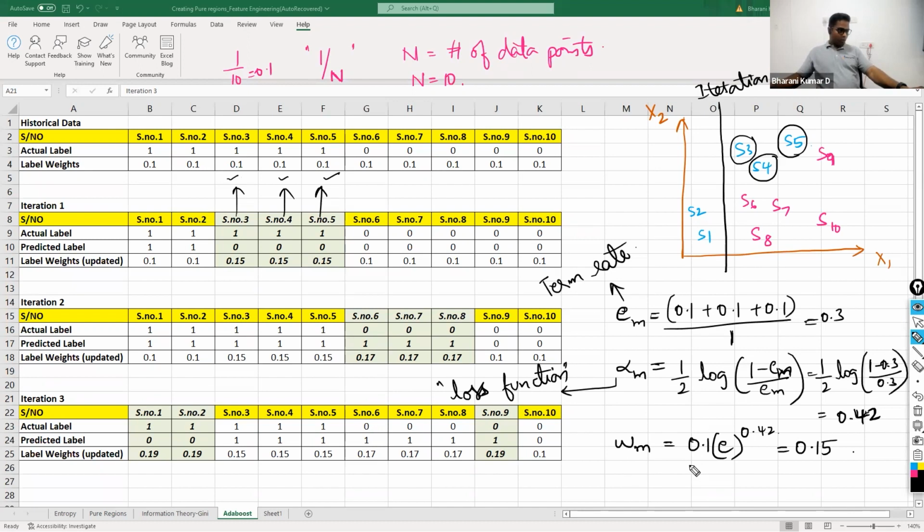And the weightage is nothing but the old weight into the exponential of this term rate.